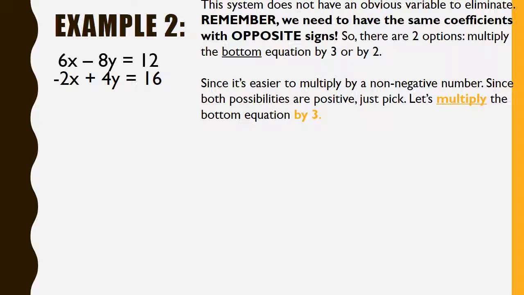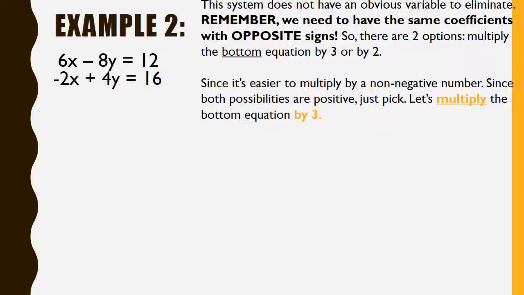That bottom equation, negative 2x plus 4y equals 16, we could multiply that entire equation by 3 so that our x becomes a negative 6x. And you can see we can easily eliminate the negative 6x with 6. Or we can multiply the entire equation by 2.